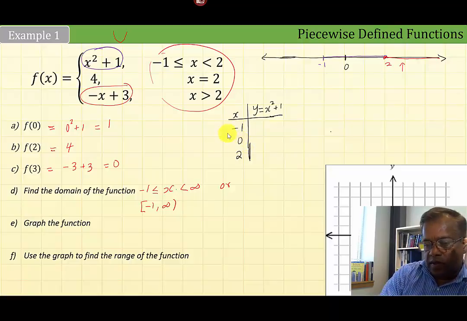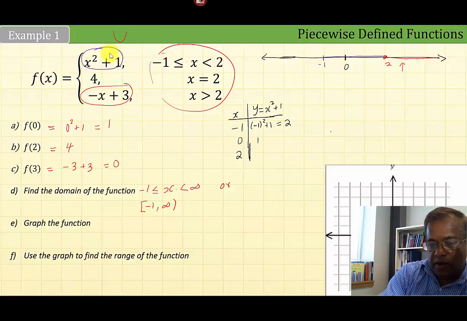So when x equal to -1, in this formula I get -1 squared plus 1, which is clearly 2. And then at 0, we already found it, which is equal to 1.